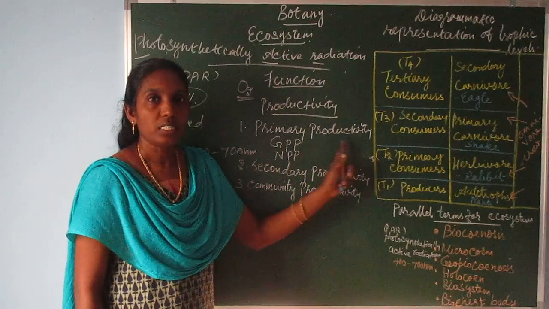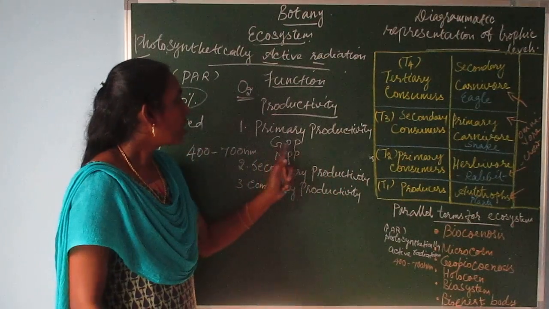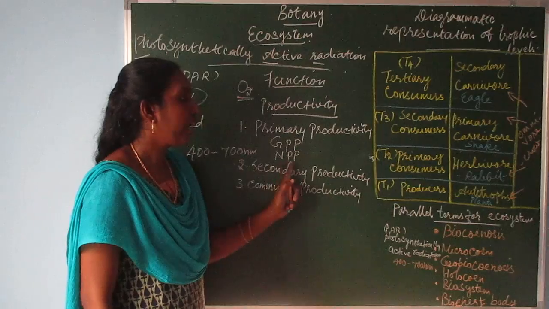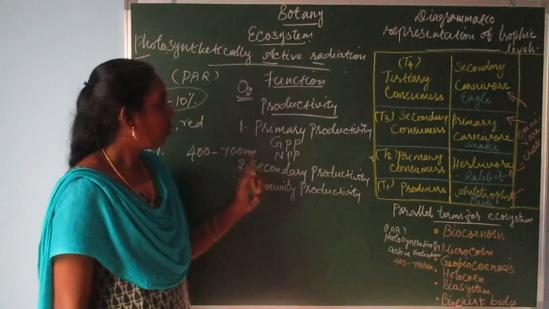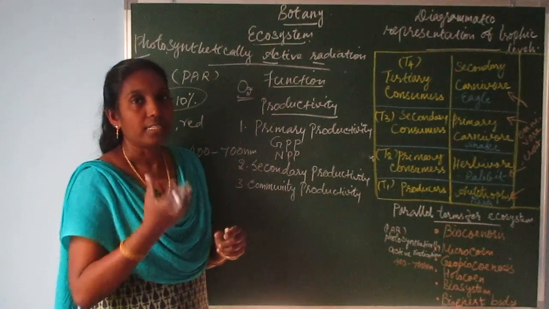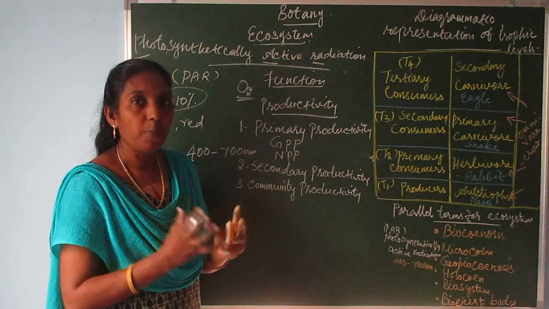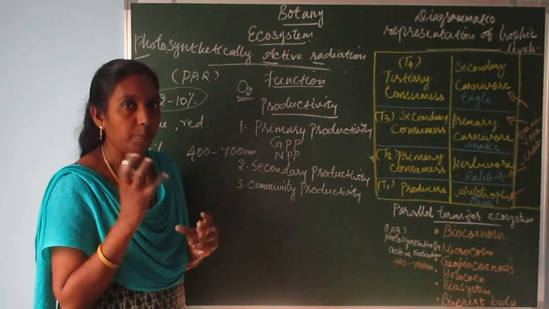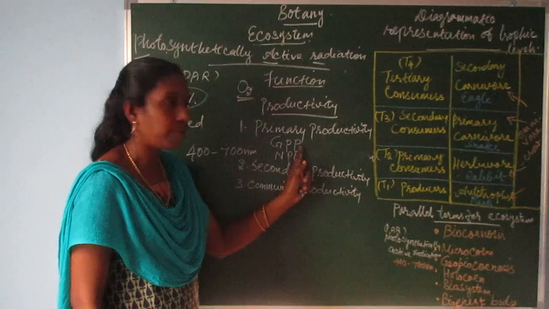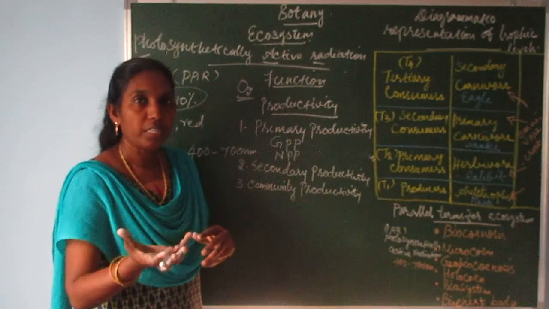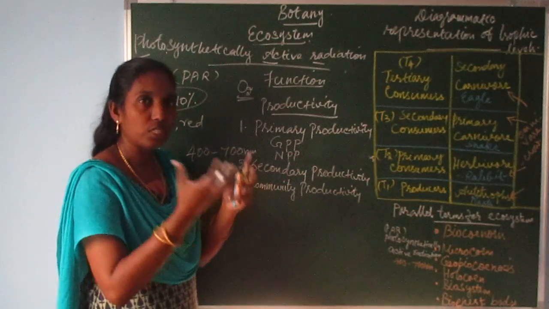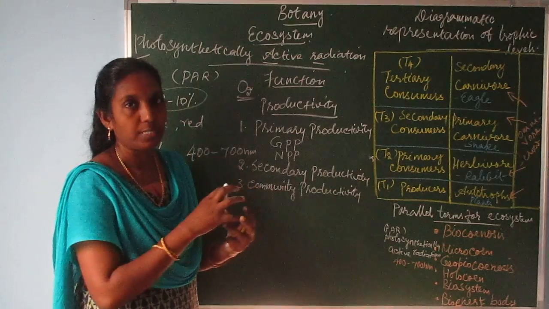Gross means the total amount of energy or biomass, called gross primary productivity. Primary productivity is the energy produced by autotrophs.